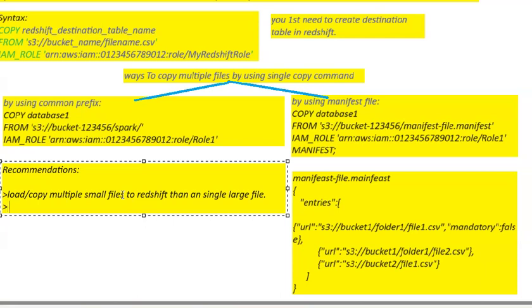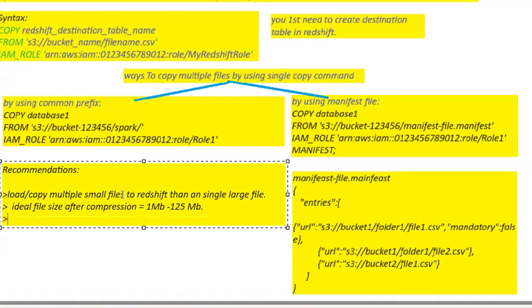So what is the ideal file size after compression? There is a limit, that is 1 MB to 125 MB. So this is the file size after compression.